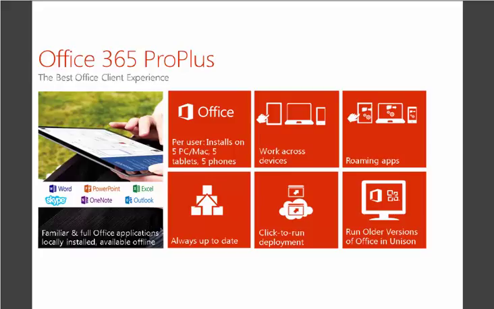I say devices because it can be your laptop, a desktop, an iOS device, an Android device, your phones. It doesn't really matter. You have up to 5 different devices to now install Office on so that you're working across the same user experience across each one of those devices as you're interacting with your content.